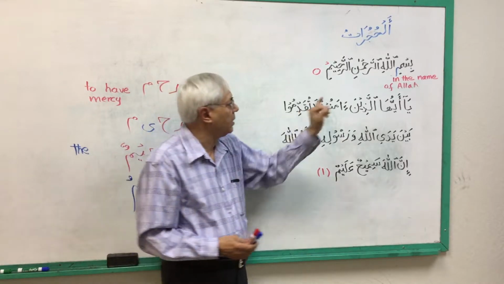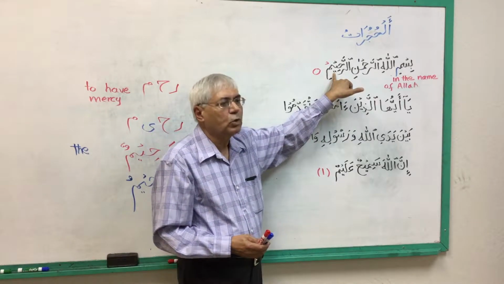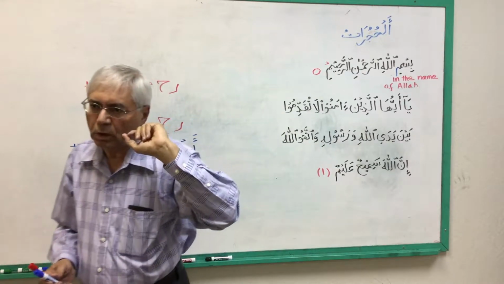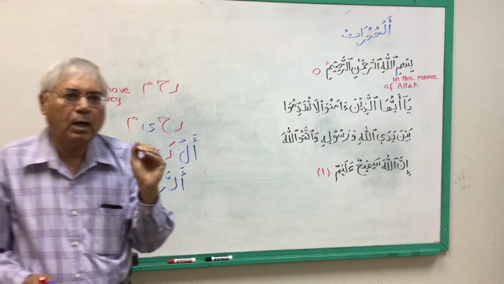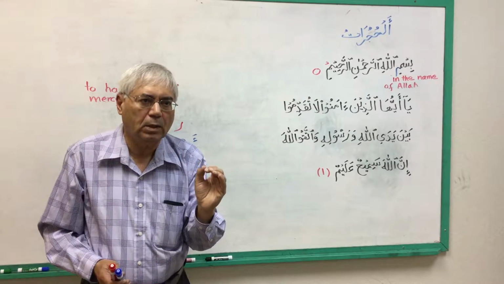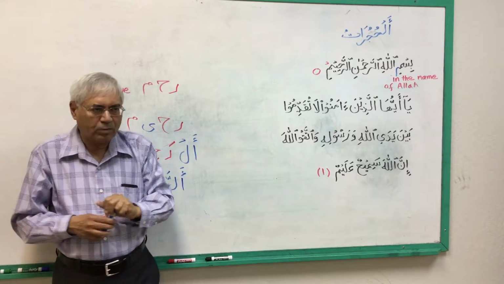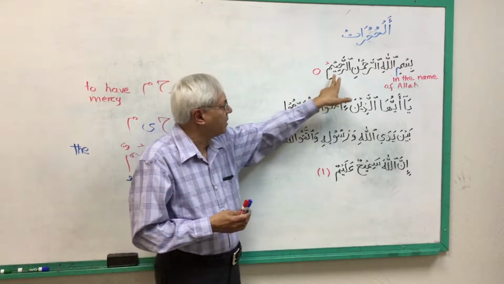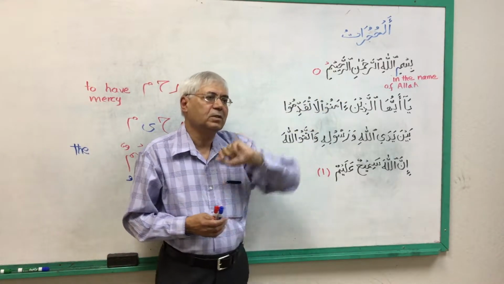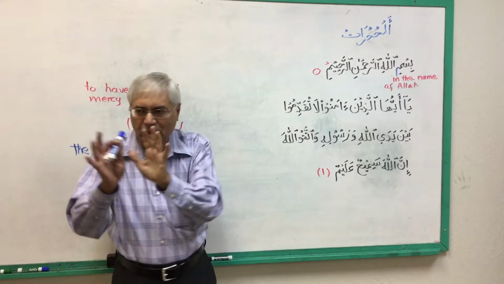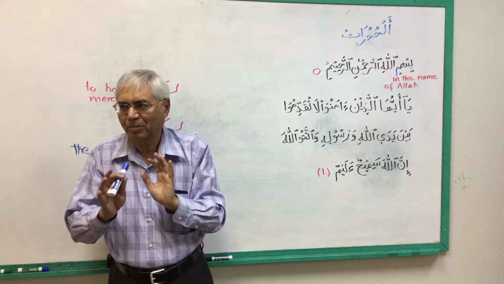The second thing you do is stretch on the ya a little bit more. So you will say Bismillahir-Rahmanir-Rahim. If you listen to the recitation of some qaris, you will notice that he stretches on the ya before the meem, and then all of a sudden he stops at meem.